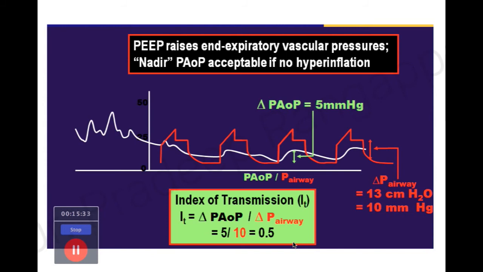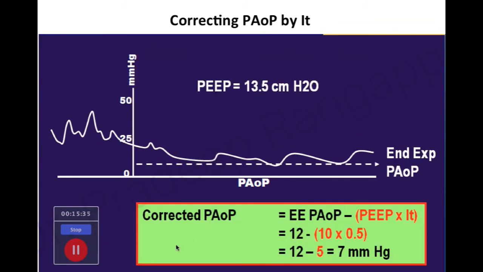So why is this important? Because then you do something called corrected pulmonary artery occlusive pressure, which is equal to end expiratory pulmonary artery occlusive pressure minus PEEP into index of transmission. These are all formulas you can remember if you can, but as I said, these are situations which you would apply in a severe ARDS patient, or in a setting where high PEEPs are used, or where you are ventilating a complex COPD patient.